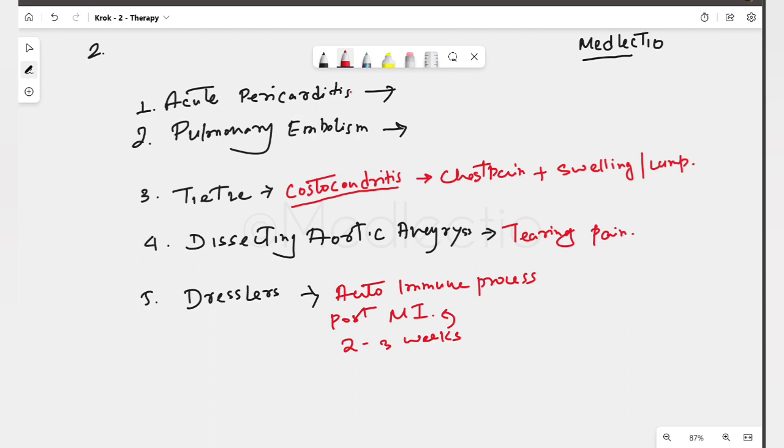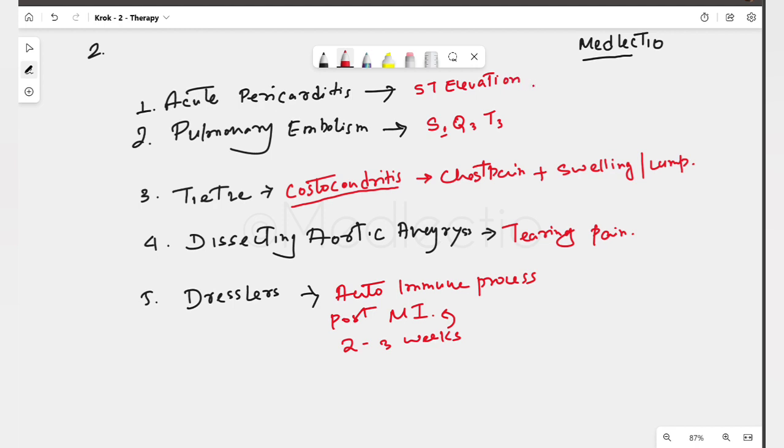And we have acute pericarditis. Here there are some ECG changes. In pulmonary embolism, we'll have a classical formula: S1 Q3 T3. S1 means there will be a pathological S wave in lead 1, a pathological Q in lead 3, and inverted T in lead 3. So this is pulmonary embolism. What about acute pericarditis? We will get ST elevation, but it is non-specific, right?